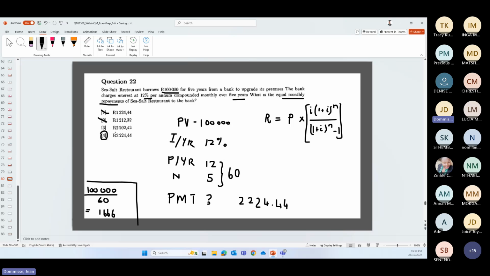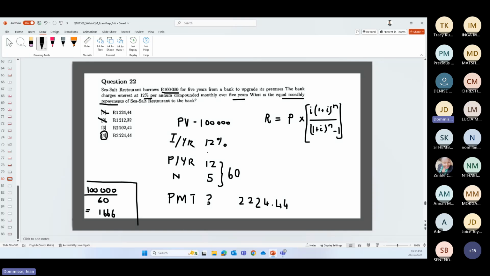So I have two answers that I need to pick between. This is a simple test: take the full amount that you borrowed divided by the number of months, and then at least I know the minimum I will need to repay is 1,666, so two of the answers are ruled out.